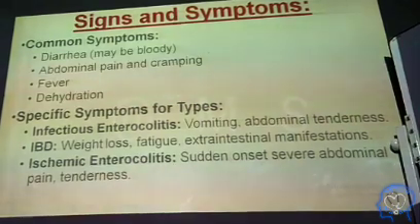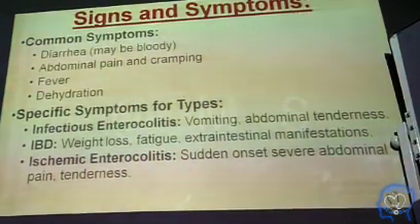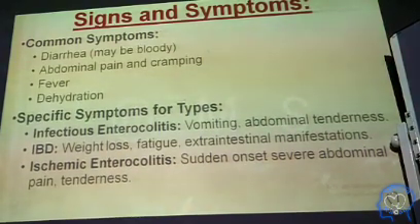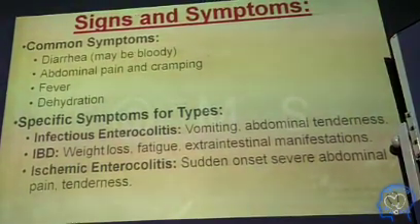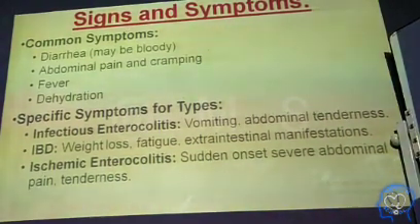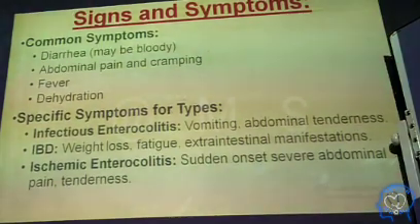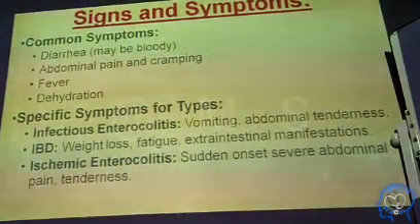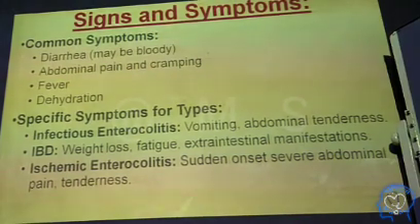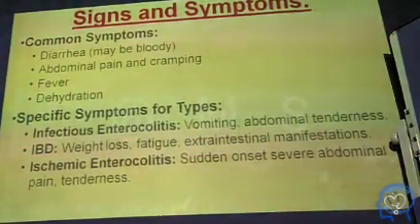Symptoms are diarrhea, abdominal pain, fever, and dehydration. Specific symptoms for types: in infectious enterocolitis, vomiting and abdominal tenderness. In IBS, weight loss, because it is a chronic disorder manifested in malabsorption as well, as we discussed in our previous lectures. Ischemic enterocolitis has sudden onset.